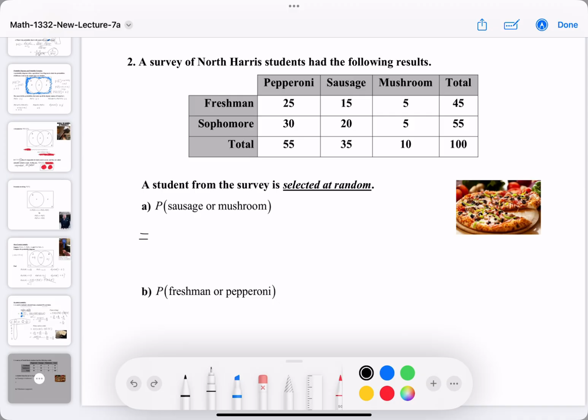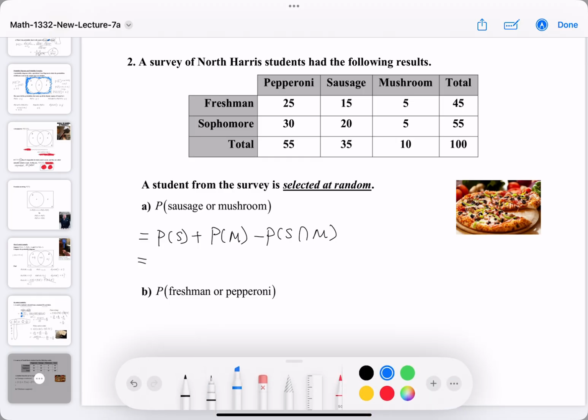I'm going to select one student out of 100. Okay, let's see the first question. Probability of a sausage or mushroom. What's the meaning of probability of sausage or mushroom? This formula is P of S, sausage, plus P of mushroom, minus P of sausage and mushroom. So what is P of sausage?